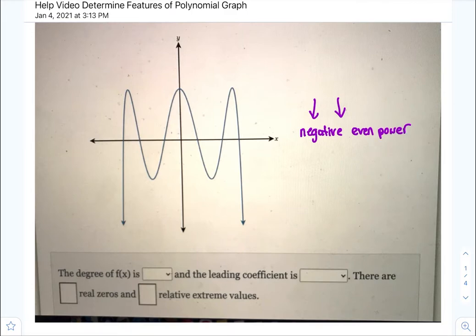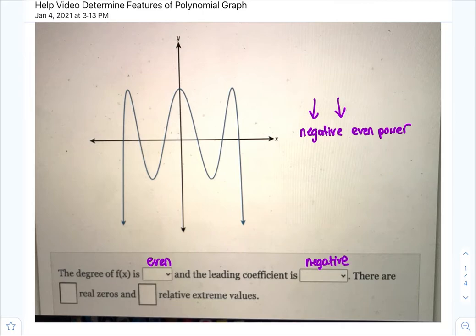That's what you know from knowing that the end behavior is going down and down. So the degree of f of x is certainly going to be even. The leading coefficient is going to be negative.